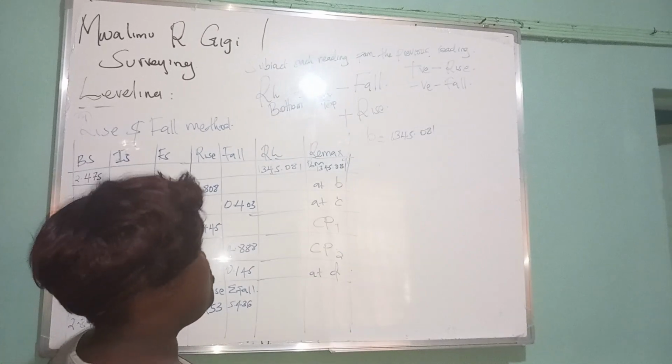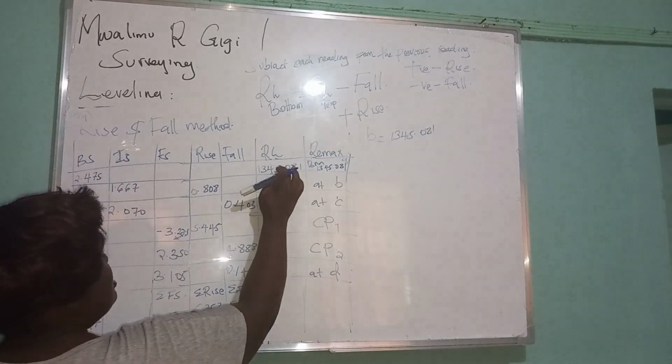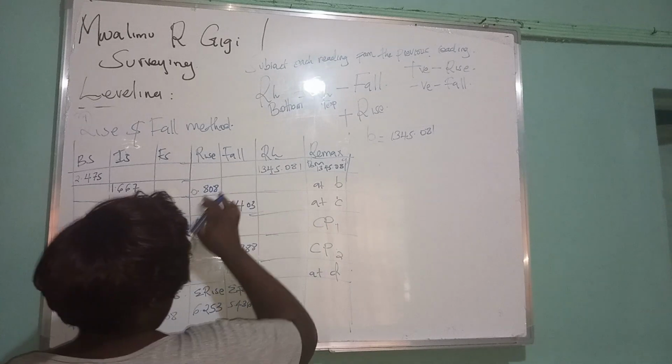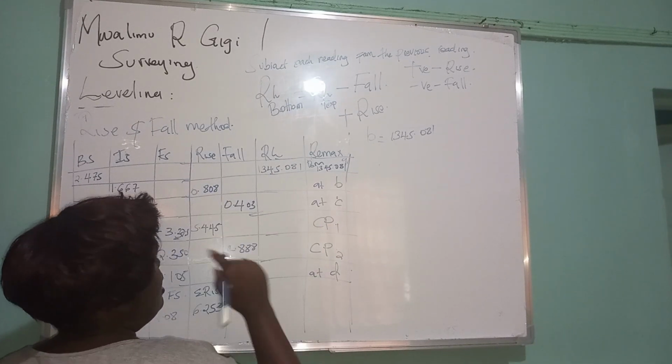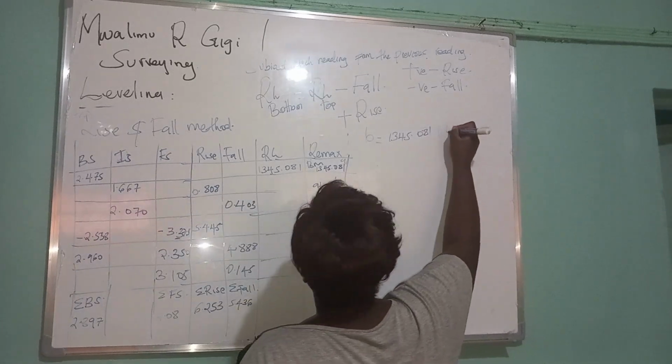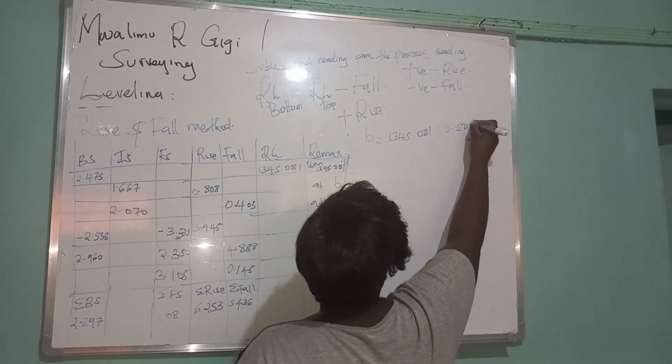So in our case, at point B, we'll have the reduced level at the top as that, and then we have a rise of 0.808. So it is a plus 0.808.